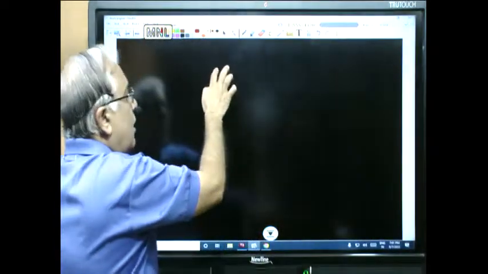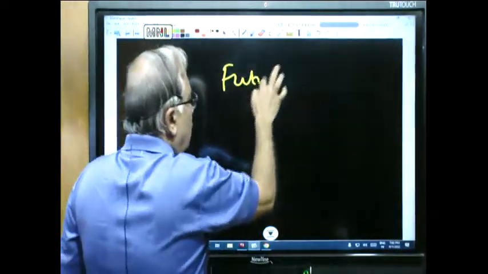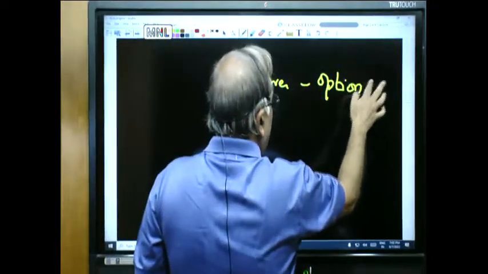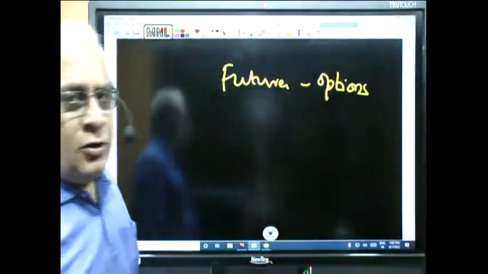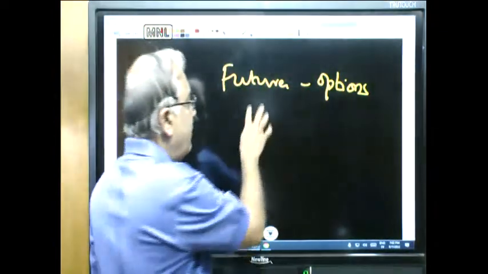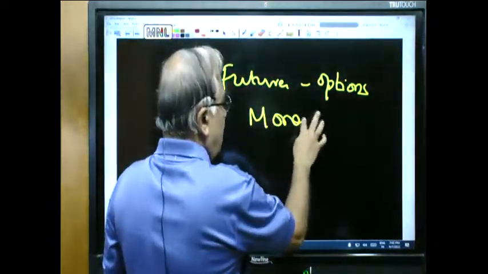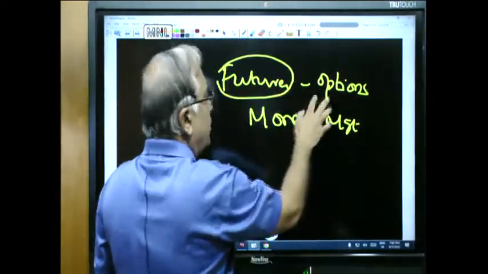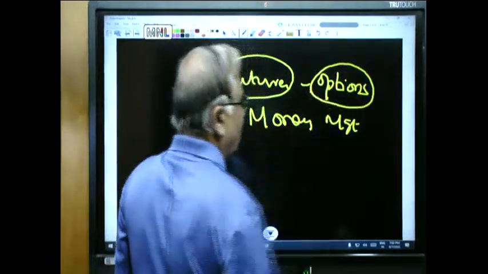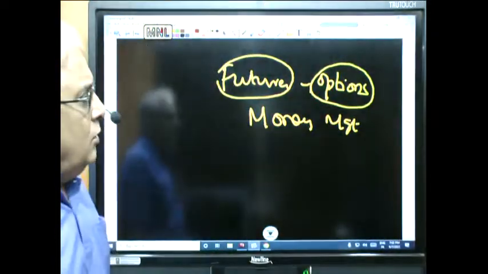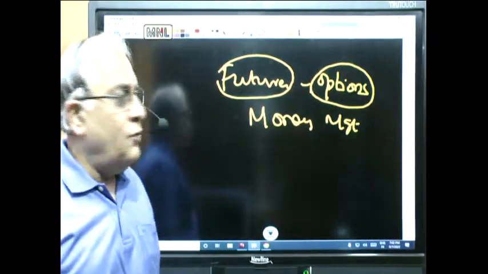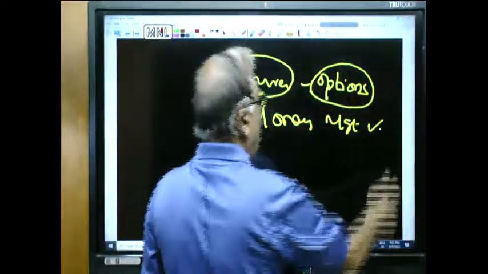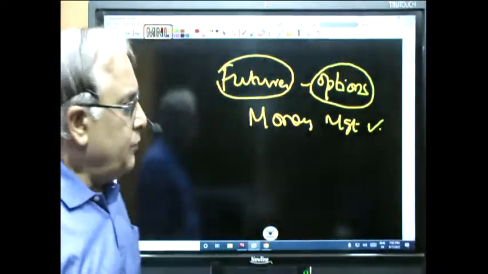That is, instead of futures, you would like to do options more from the point of money management. Because here you have to pay more margin, here you pay only the premium. Let's say you are buying options, so you pay only the premium here. So considerably less outlay as far as options is concerned compared to futures. So from a money management point of view, you would like to do the options compared to the futures.